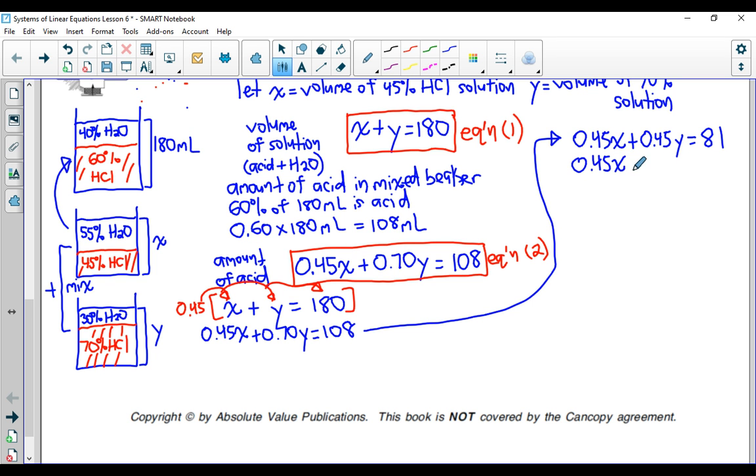Okay, the second equation is 0.45x plus 0.70y would be equal to 108.